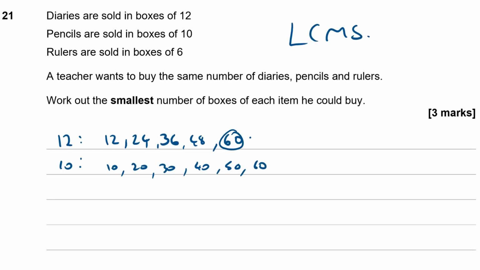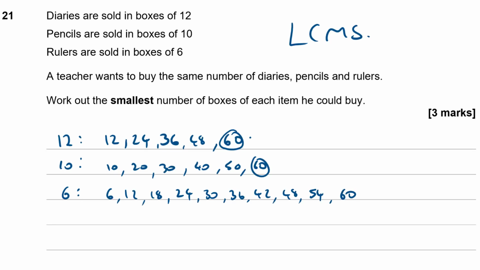Oh, we've got one that matches there. Look, I wonder if we can make 60 out of 6. Well, I think we can. 6, 12, 18, 24, 30, 36, 42, 48, 54, 60. So there we go, 60 on all of them. So we could have 60 of each.